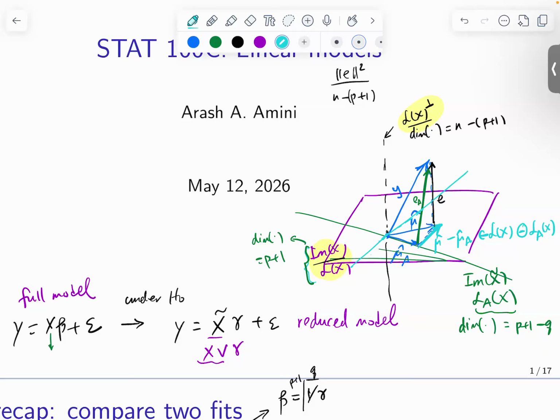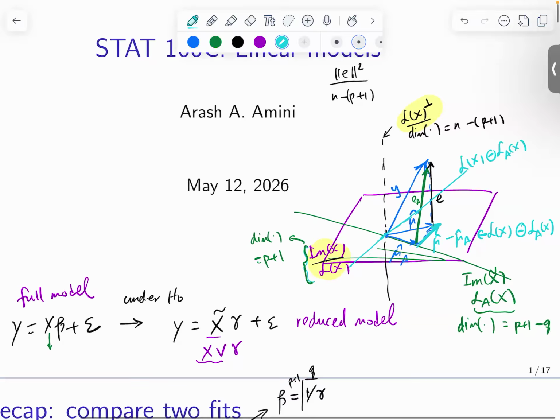This space is LX minus LAX, which is just the intersection of the orthogonal complement of LAX. So it's really LX intersect LAX perp. So you take the orthogonal complement of LAX, but just the piece that's inside the LX.